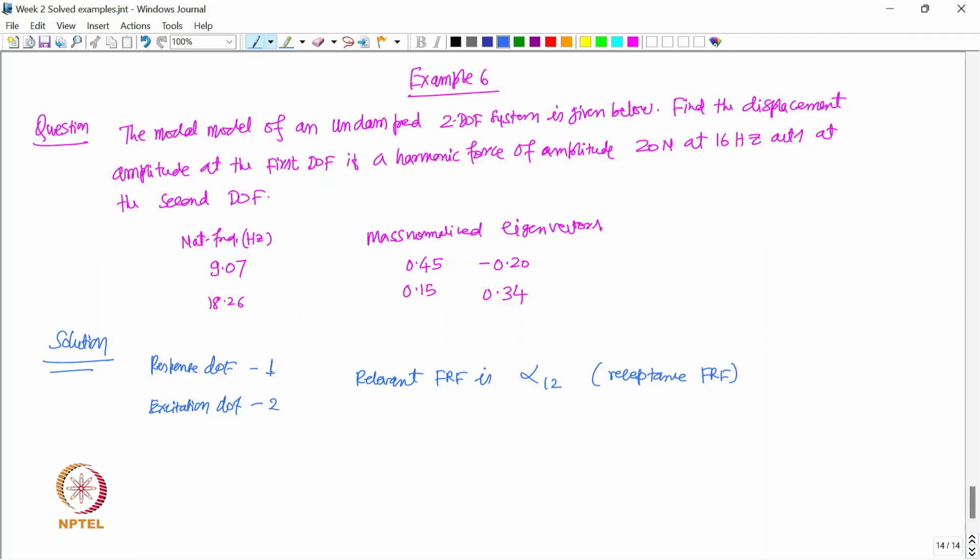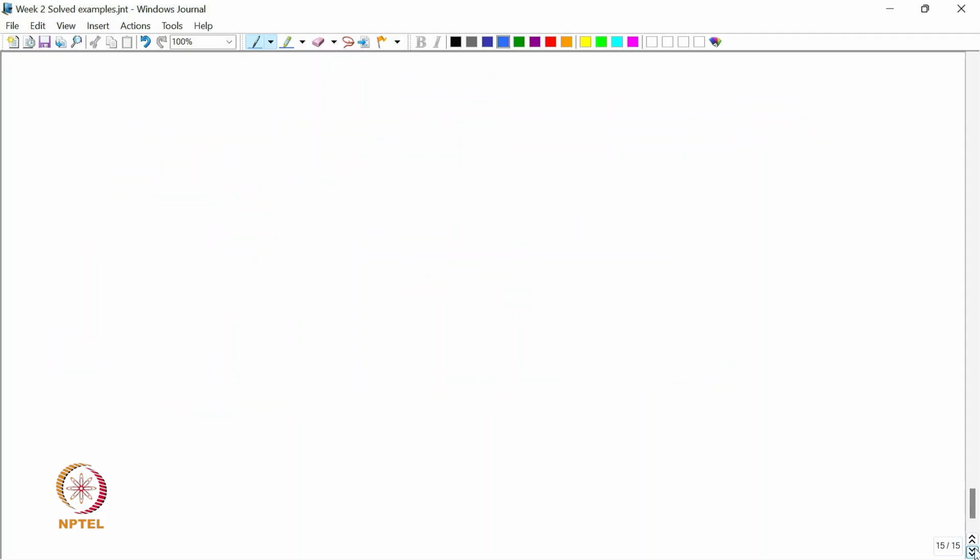And now what is alpha 1 2? Maybe I can go to the next page now. So let us write down alpha 1 2, which we studied in the lecture classes. Alpha 1 2 at frequency omega is given by the modal series expansion, right, with modes varying from 1 to 2, because there are 2 modes in the present case, and then we have phi 1 r into phi 2 r divided by omega r square minus omega square.